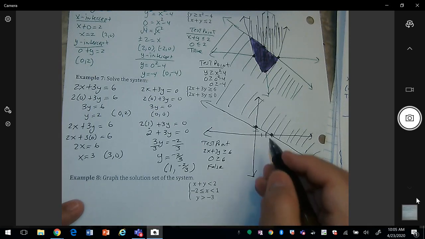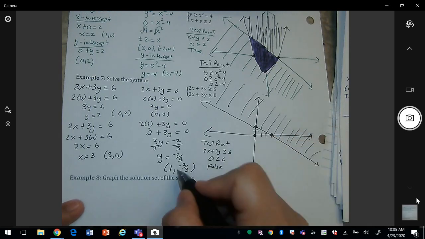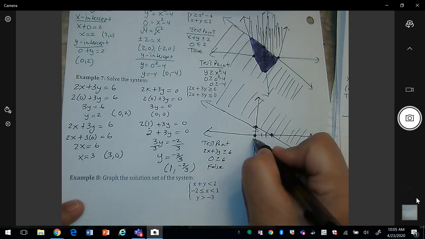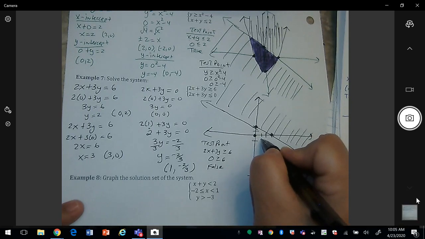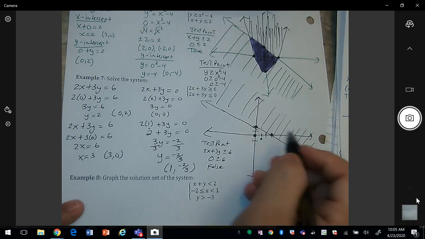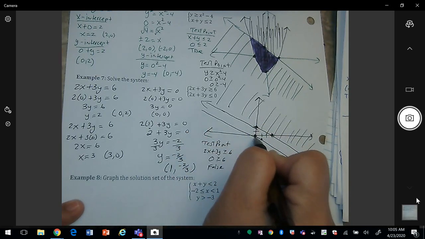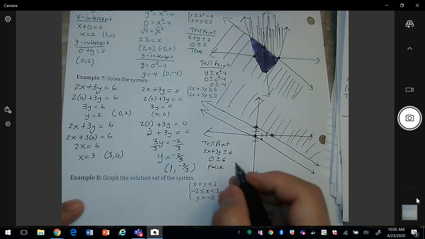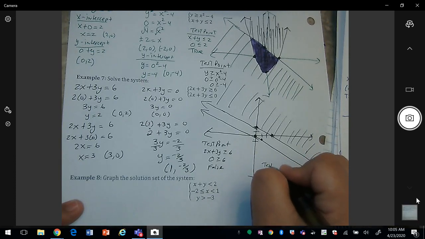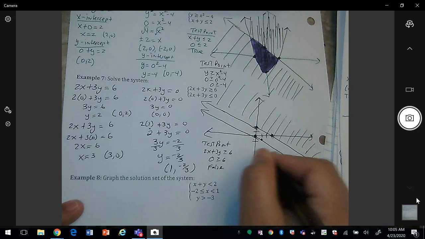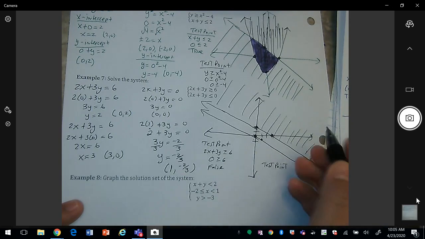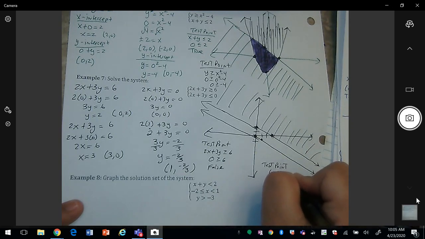Then the second line, we have 0, 0, and 1, negative 2/3, so somewhere around here. It is a solid line. And we need a test point. In this case, the test point cannot be 0, 0 because we're already using it. So let's use the point 0, negative 1.